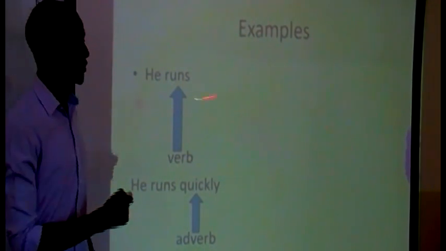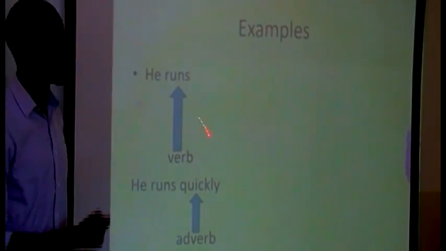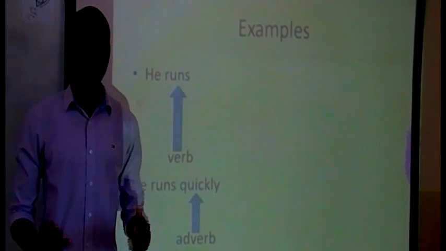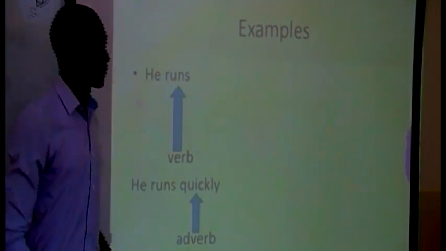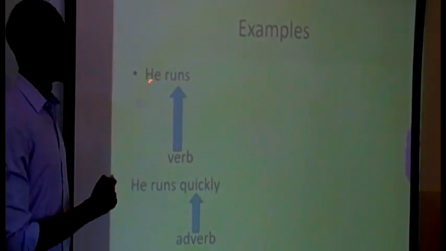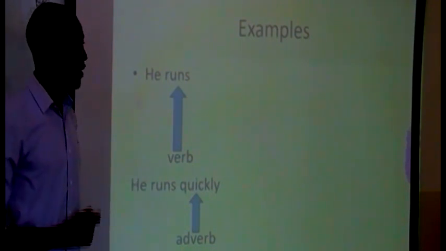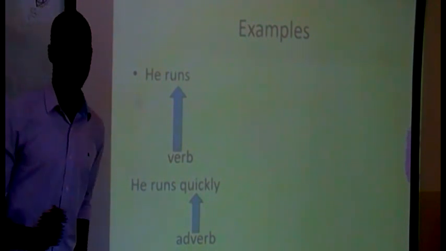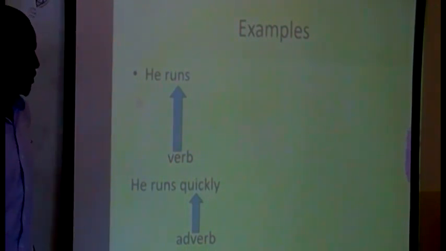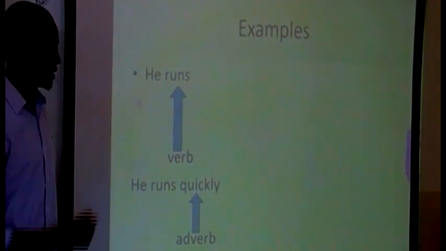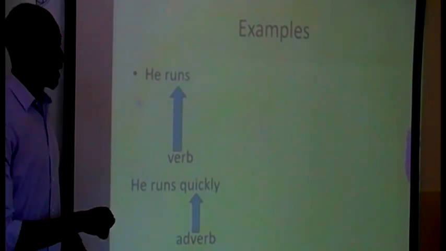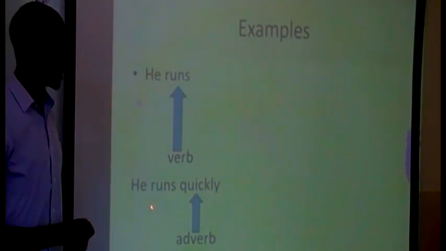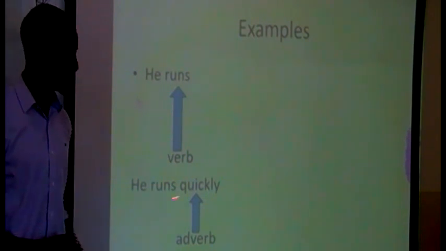Let's look at examples of adverbs in a sentence when you are writing the story in third person narrative. We have the first sentence here, he runs. He is a pronoun and runs is a verb here. And the second sentence, the same one. Let's try to add a word that will describe how this person runs.